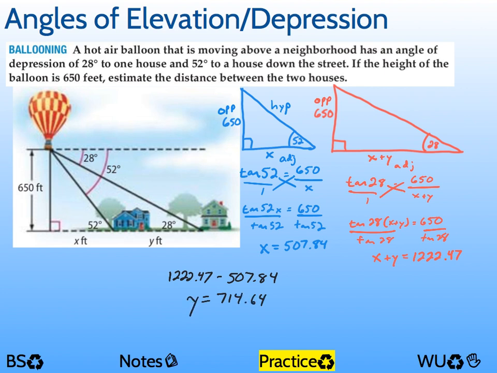That's the distance of y and how far apart these two houses are right here. So, first, we use the blue triangle to find this distance. Then we use the red triangle to find this distance. And you can see that by subtracting them, we'll get the black distance for y, which is about 714.64.